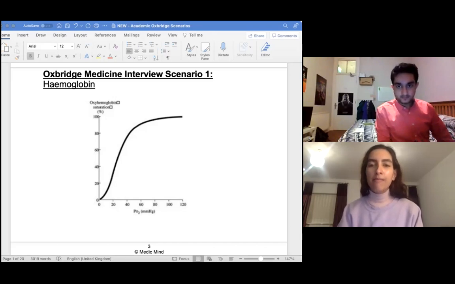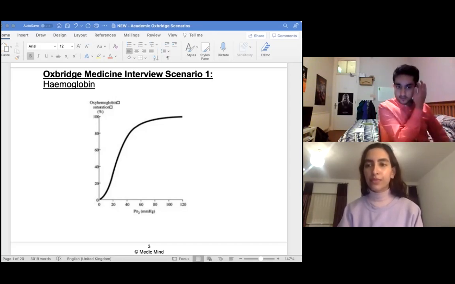Okay. And why is the graph this shape? So I think it's to do with oxygen binding to the hemoglobin. It's showing that at low partial pressures of oxygen, a slight increase in that oxygen level will lead to a large increase in oxyhemoglobin present.